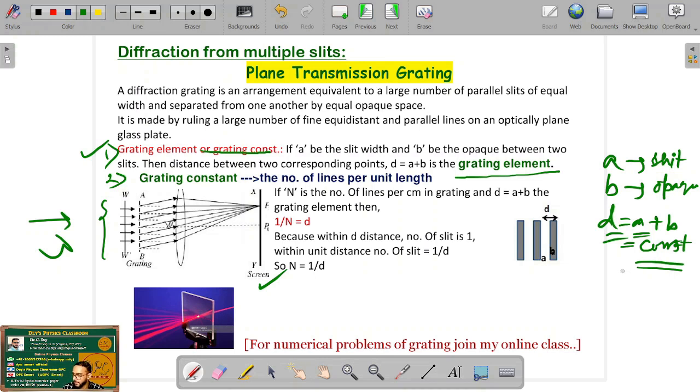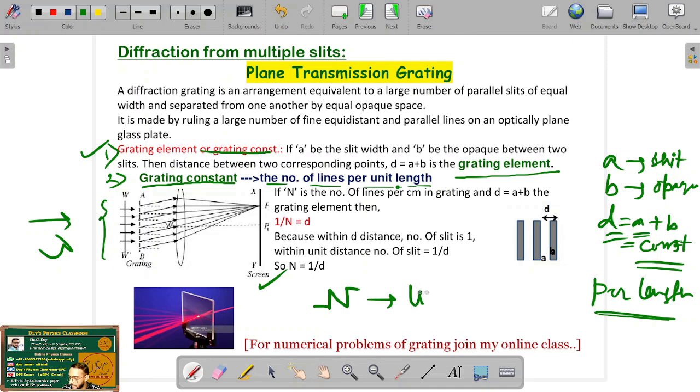Now another term is called grating constant. Grating constant means the number of such lines present in the grating per unit length. কতগুলো লাইনস আছে বা কতগুলো স্প্লিটস আছে পার ইউনিট লেন্থে একটা গ্রেটিংয়ে, দ্যাট ইজ কল্ড দ্য গ্রেটিং কনস্ট্যান্ট। Suppose the number of such lines per unit length or per centimeter is capital N, then N is called the grating constant.